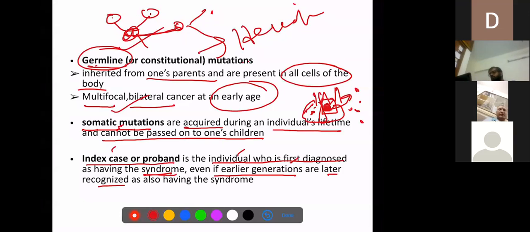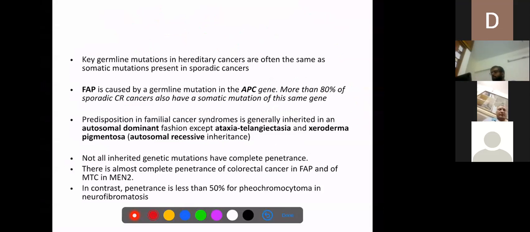So germline mutations and somatic mutations, are they different? In hereditary cancers versus sporadic cancers, are there different mutations in the same gene? No, not a different mutation. Most of the time, germline mutations and somatic mutations are alike. For example, familial adenomatous polyposis is caused by an APC gene mutation.